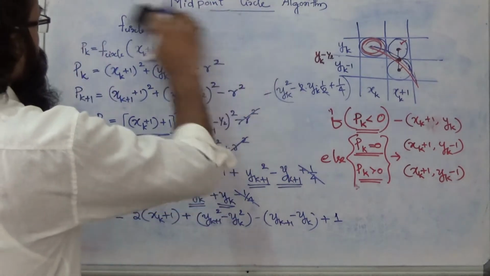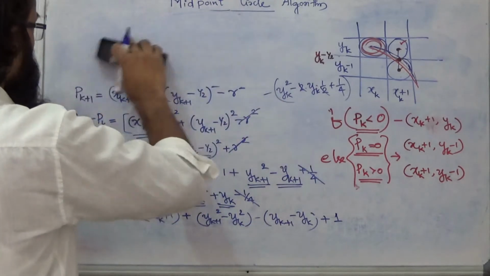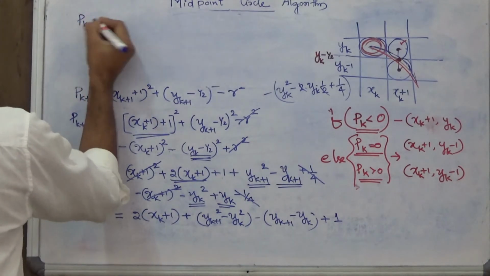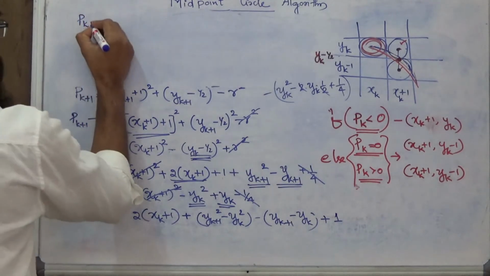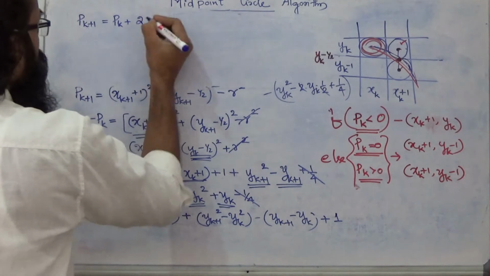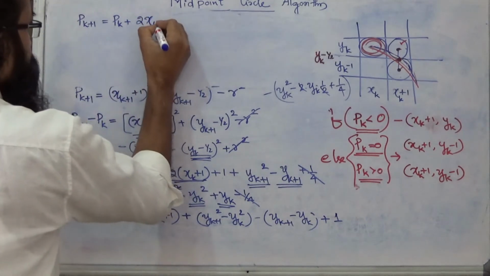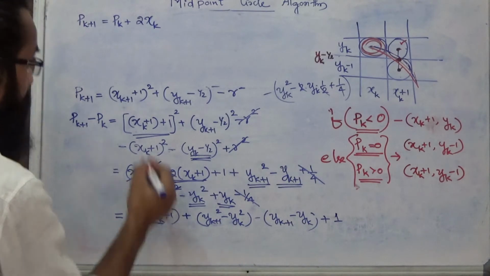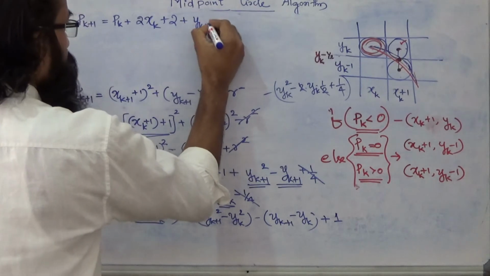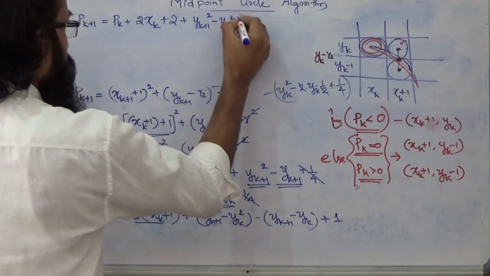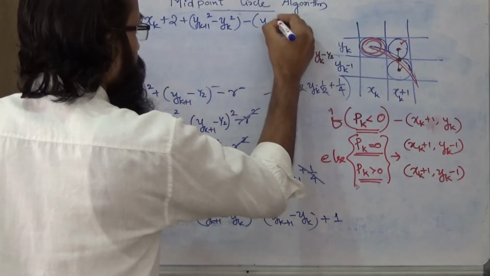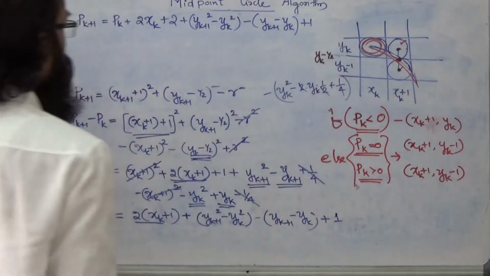Now you will be having pk+1 is equal to pk plus 2 into xk. I am expanding this one, 2 into xk plus 2, plus (yk + 1)² minus yk², minus (yk + 1) minus yk plus 1.